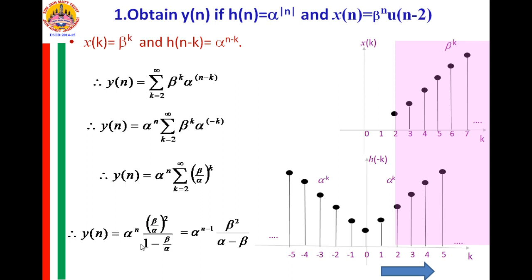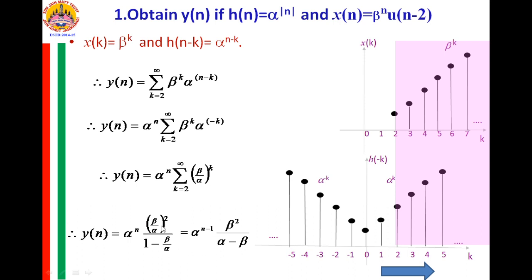So see, just a minute, what we will get here. So I will take it back. When I take common here 1 by alpha, it goes and you will get here alpha raised to n plus 1, and then afterwards alpha square, and you will remain with alpha raised to n minus 1. So this is right.